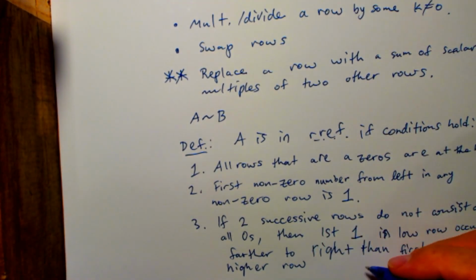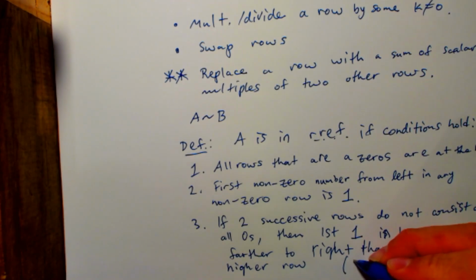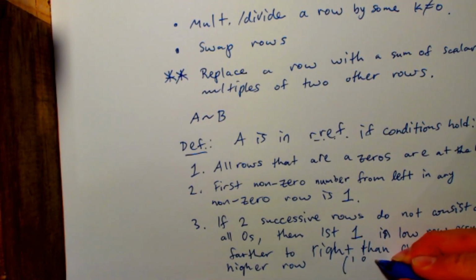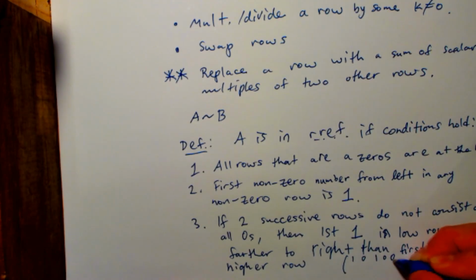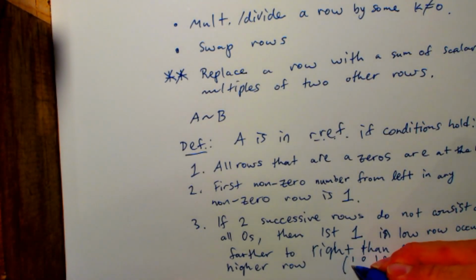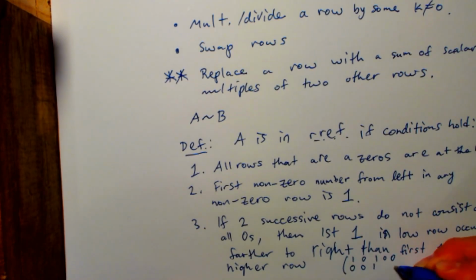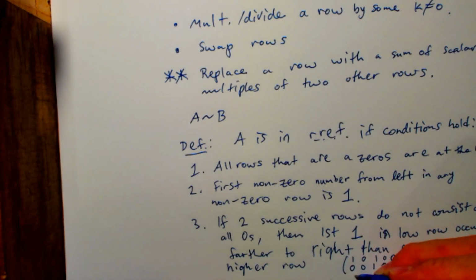And you probably need an example of this. Okay, so let's do that. So 1 0 1 0 0 for example, and then underneath that we've got 0 0 1 0 2, and then below that 0 0 0 1 0.